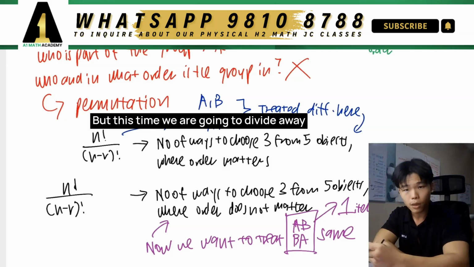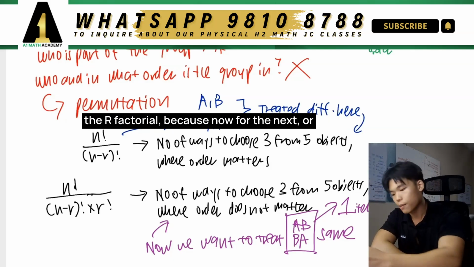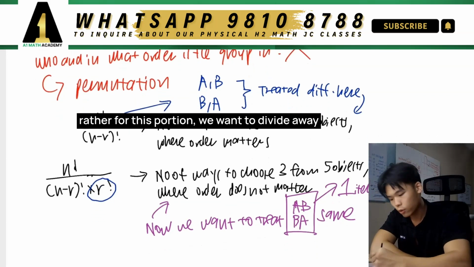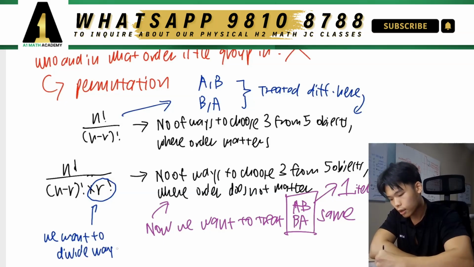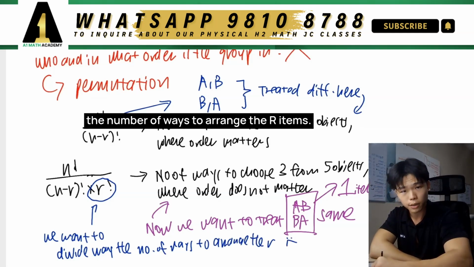But this time, we are going to divide away the r factorial, because for this portion, we want to divide away the number of ways to arrange the R items.